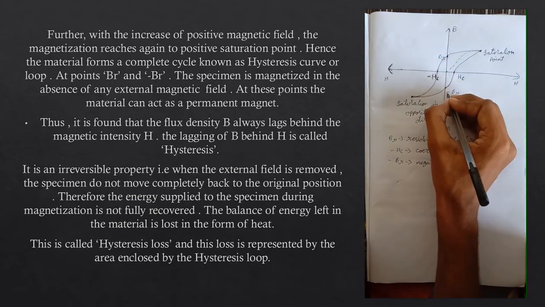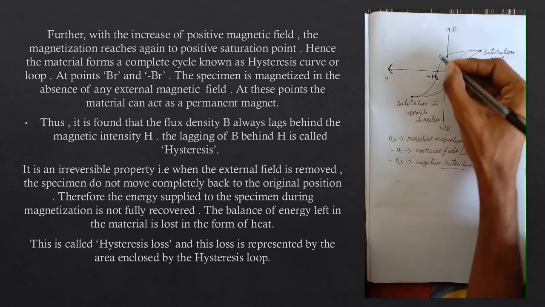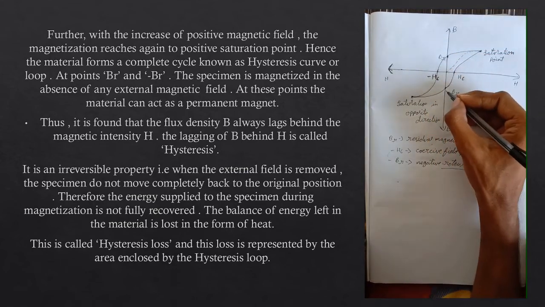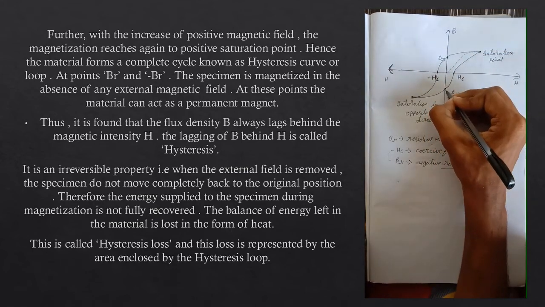From this graph we see that at these two points, Br and minus Br, the applied magnetic field, both positive and negative, is zero, but the magnetization of the material is not zero. So we find that at these two points the material can act as a permanent magnet.